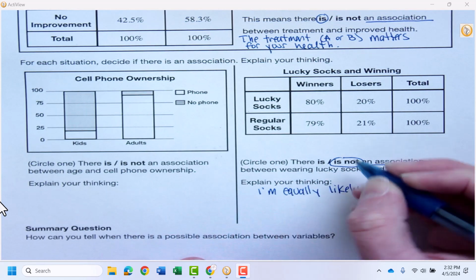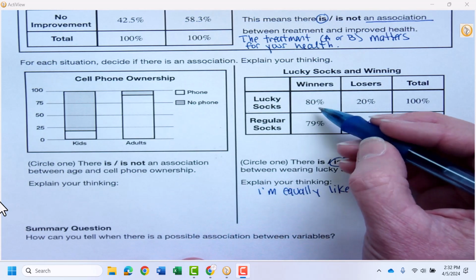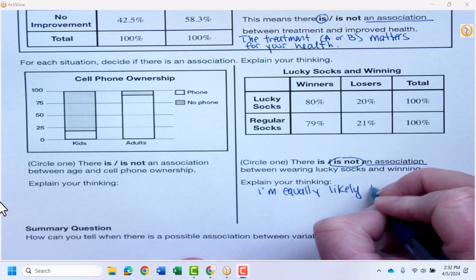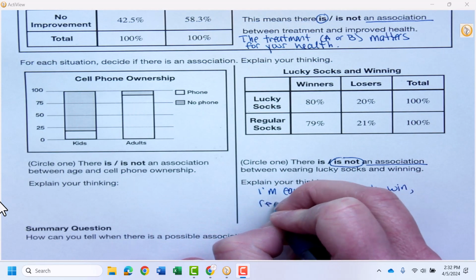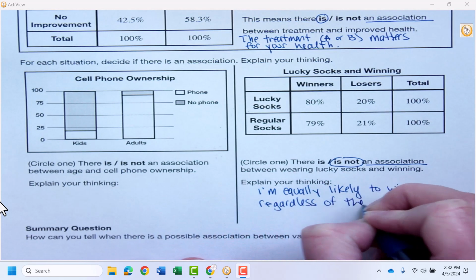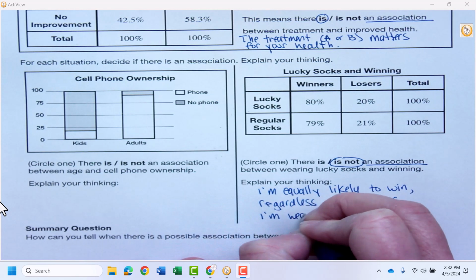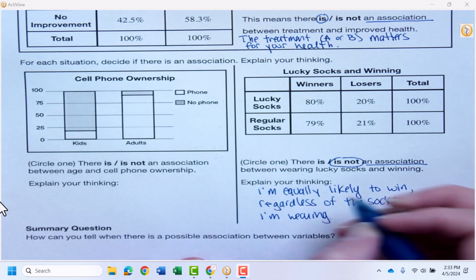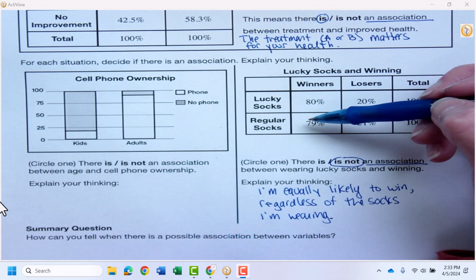And I know that 79 and 80 aren't equal, but there's so little difference. I'm equally likely to win regardless of the socks I'm wearing. So there's no association between winning and wearing lucky socks.